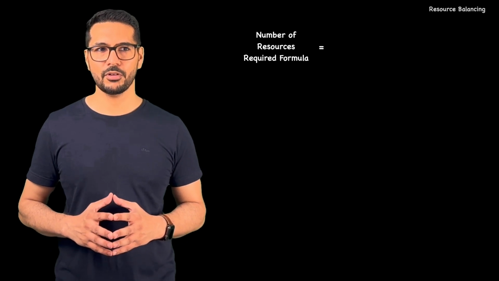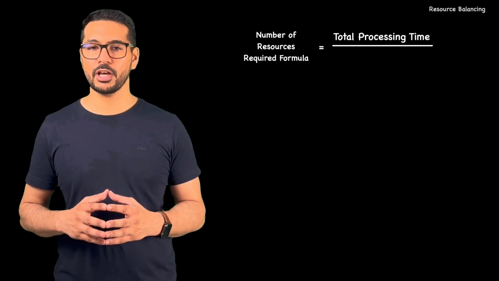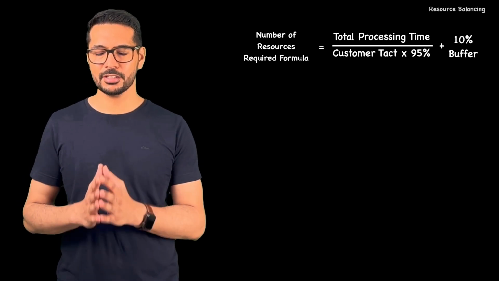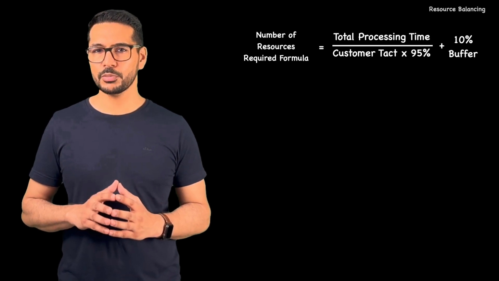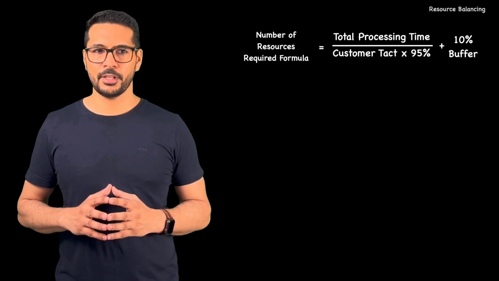The next step is to calculate the number of resources required, the number of FTE, full-time equivalent, or the staff members required, and this is calculated by this formula that we divide the total processing time that we have seen in the last slide, 18 days.